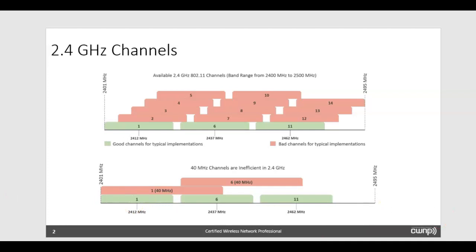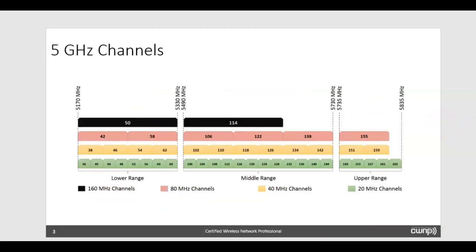Now, if you look at the 5 gigahertz plan, it definitely has a whole lot more 20 megahertz channels than the 2.4. In fact, it has about 25 channels, but again, regulatory domains can support them without necessarily allowing them to come into play.